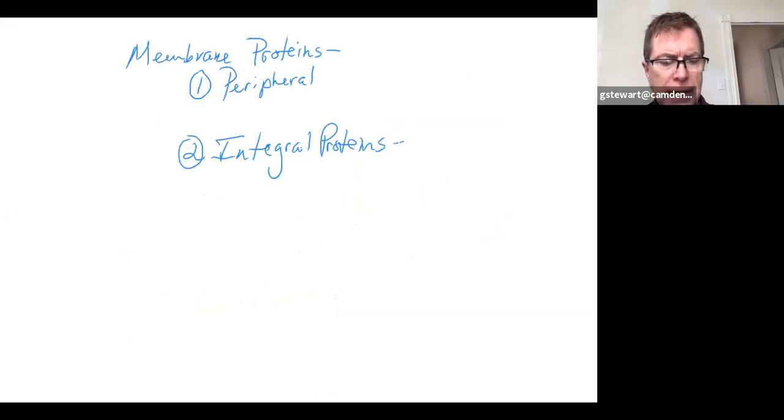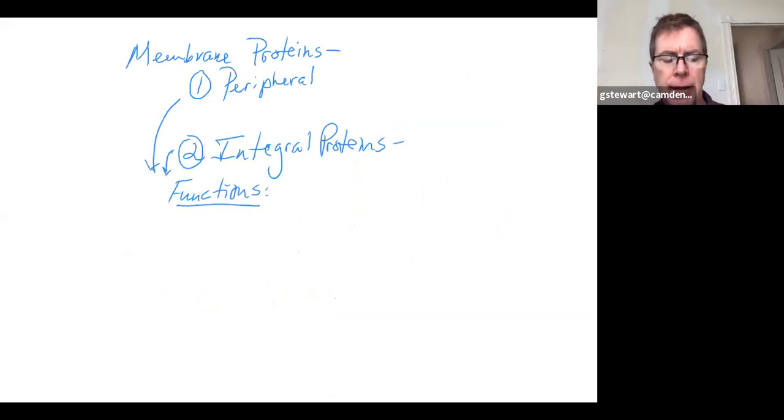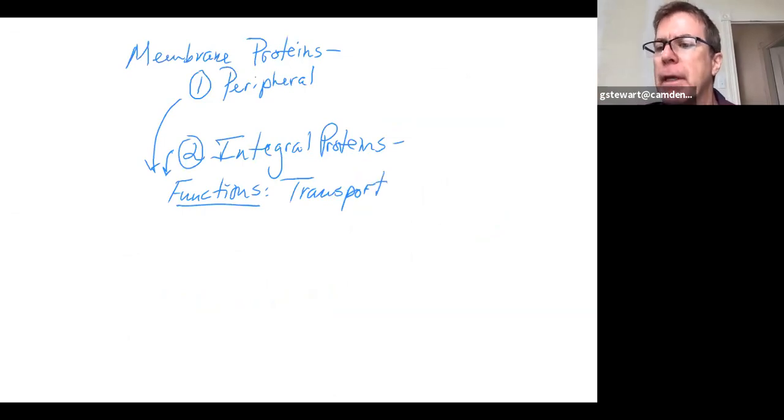Now these proteins have several functions. So depending on the type, I'm just going to generically write out a list of functions of both of these proteins. They can be used for transport. What does that mean?